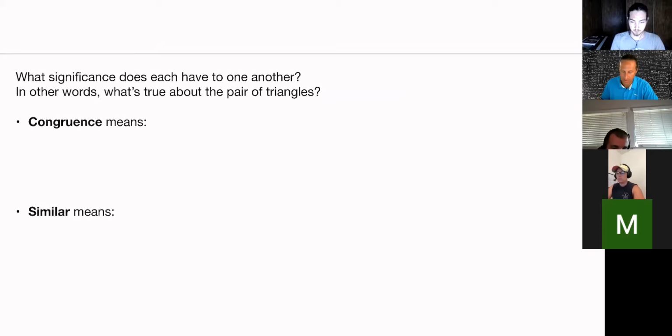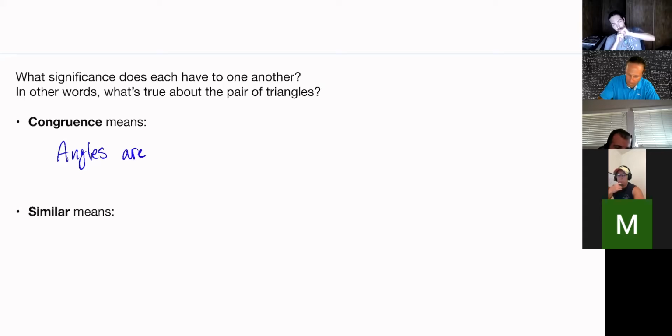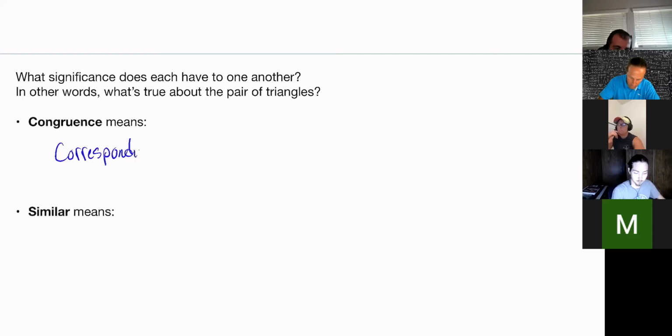So what significance does each have to one another? What's true about congruence? They have to. Let me rewrite this. The angles are the same, and so are the length of the sides.